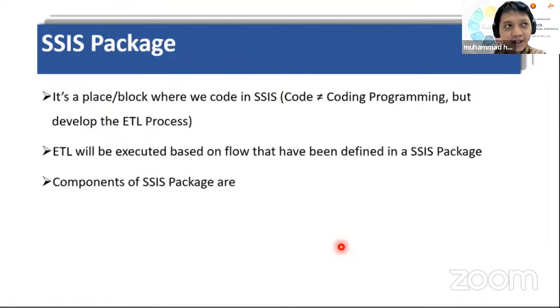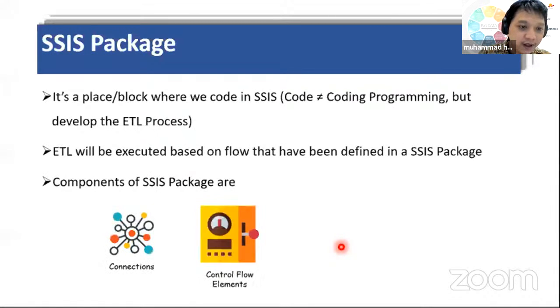Maybe there is a tiny bit of code that we must provide, but it's different from general programming logic. And then after we code in SSIS, the ETL will be executed based on the flow that has been defined in the SSIS package.